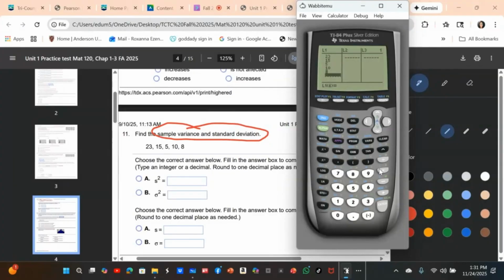So we go straight to start, arrow to calc, do one variable stat of this data in L1. It's raw data, so it's a one variable stat of L1, and so I do not need a frequency list. No frequency list because it's raw data. So I'm going to calculate.